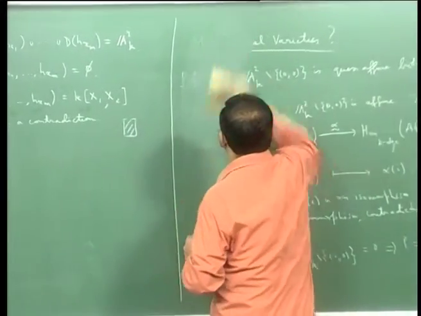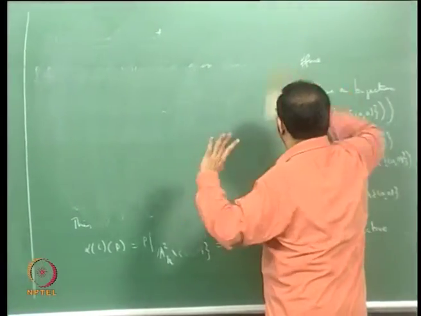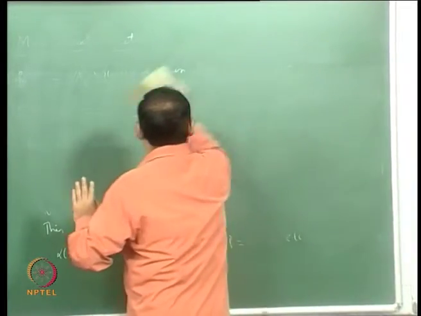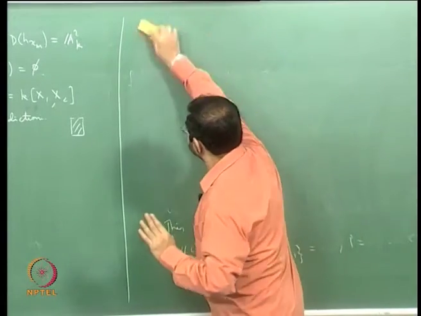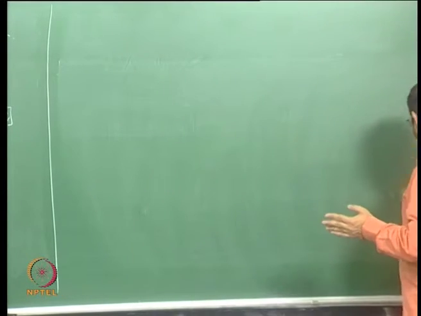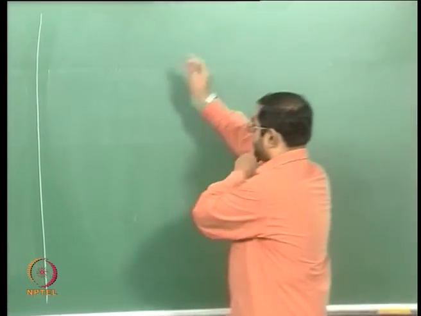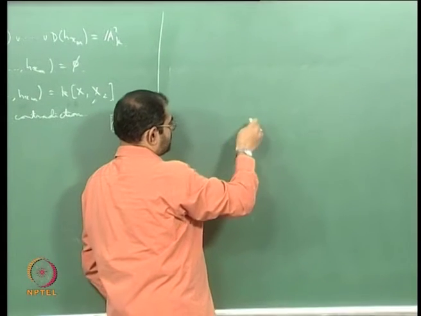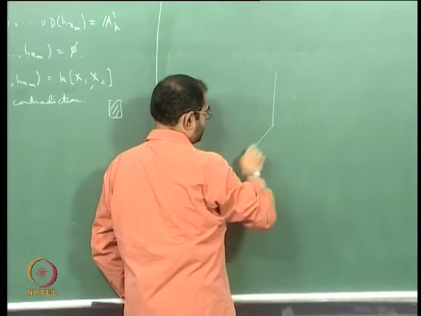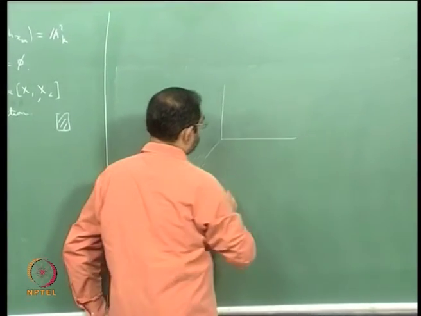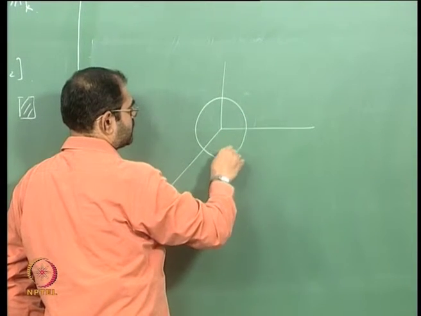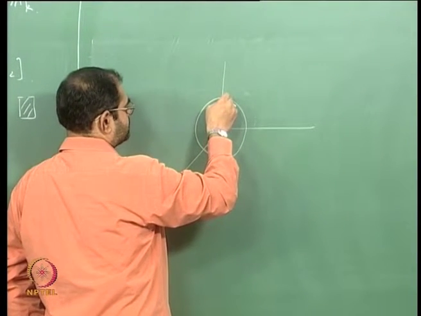Let's look at the usual topology, for example the complex plane or the real plane. We take the usual plane, and then suppose I draw the sphere here, okay, so here is my sphere.